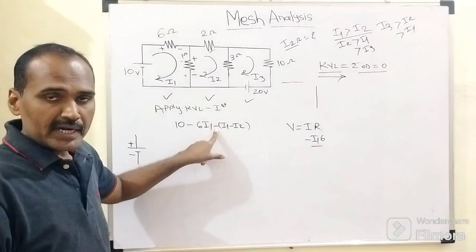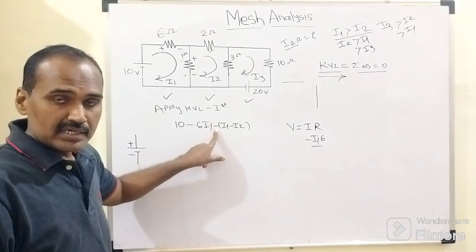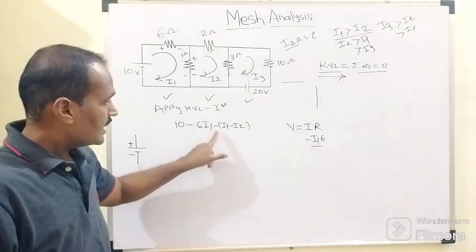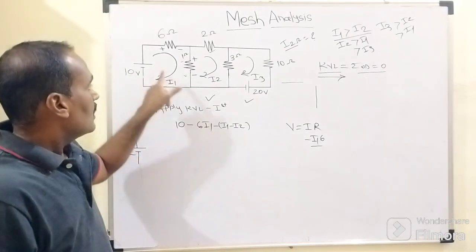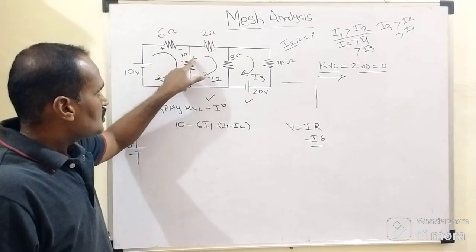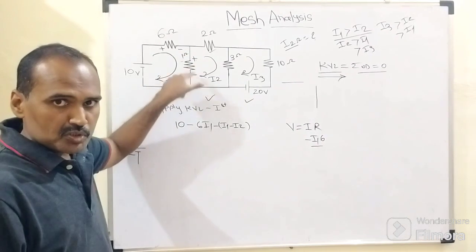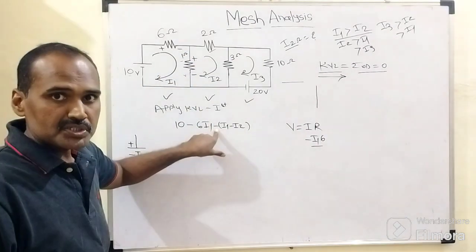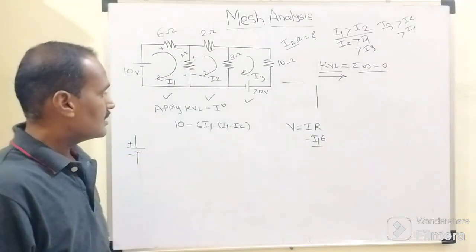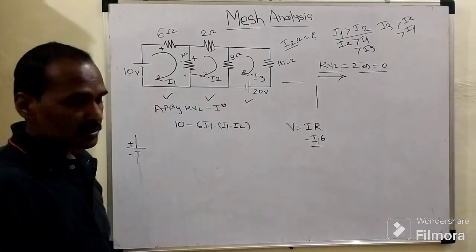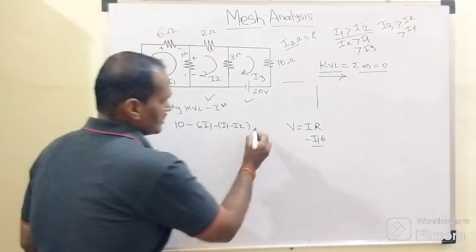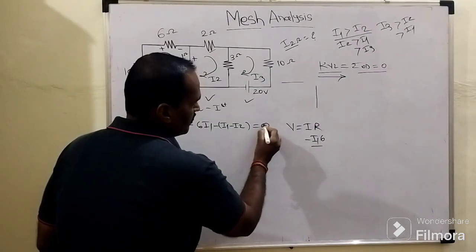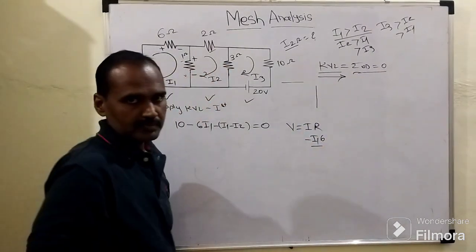And what is the impact of this multiplier negative sign here? This negative sign indicates that I1 flows from top to bottom. As we are going from positive to negative plate, the opposite sign we need to consider. So that is nothing but negative. Now we don't have any further element present in that mesh. So equals 0. This is KVL, right?